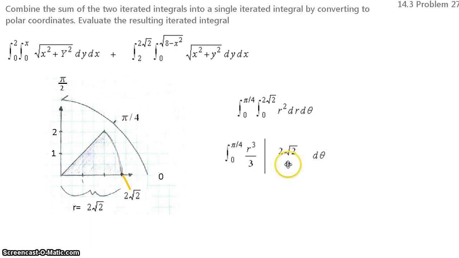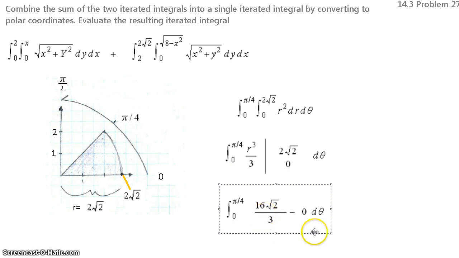We start off by evaluating in terms of r, and we get this right here, and then we iterate over this range, and we get this right here. So we just sub in these values. We get straightforward numbers.